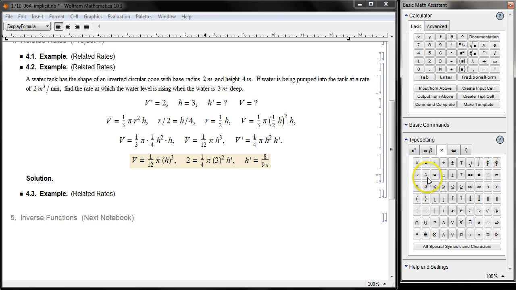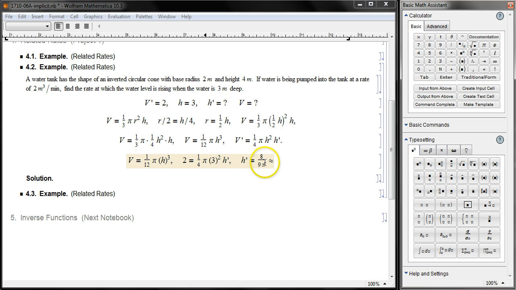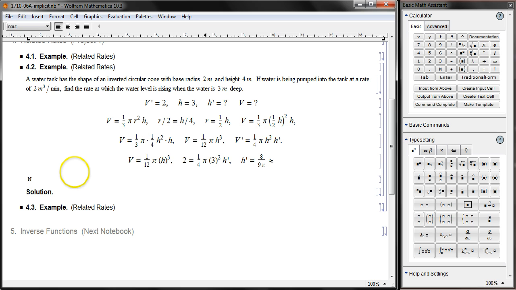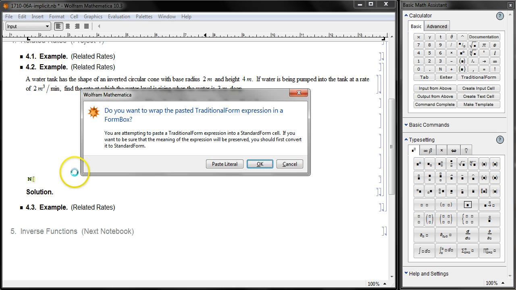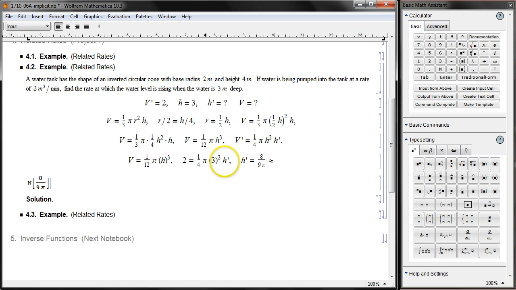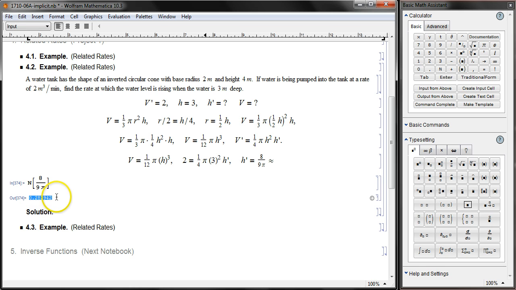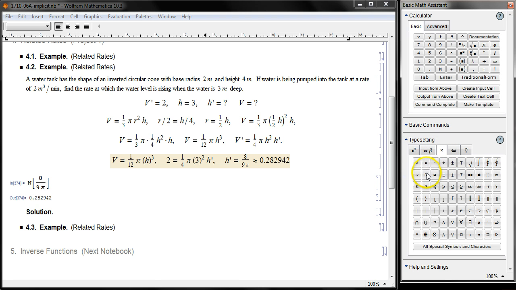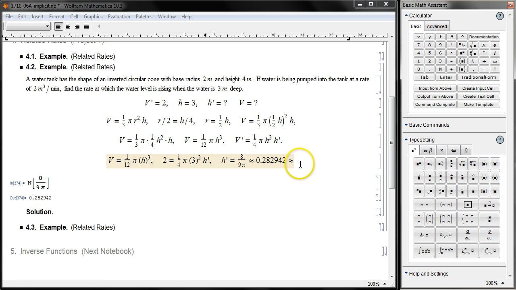And this quantity is approximately 0.283.